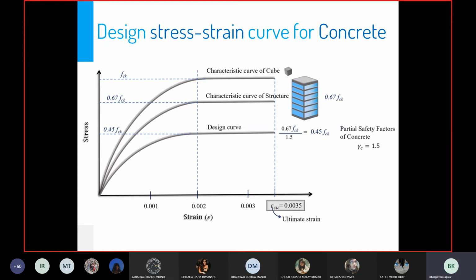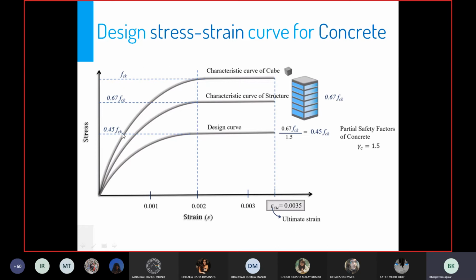Now you see three curves here. Let us focus on the topmost. The topmost curve is what is called the characteristic curve of a cube. Again, sticking to the example of M40 concrete, if I test an M40 concrete, I can expect the curve to behave this way.